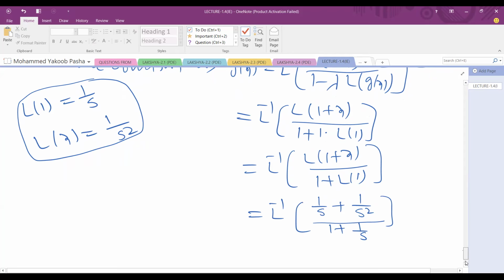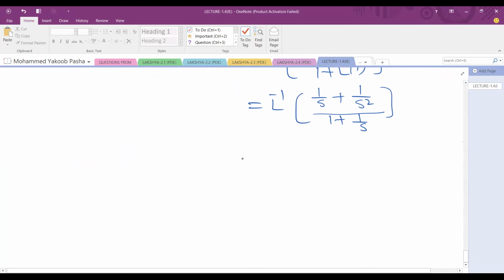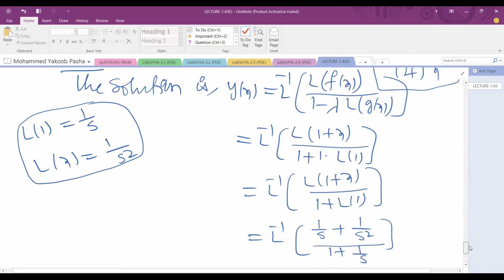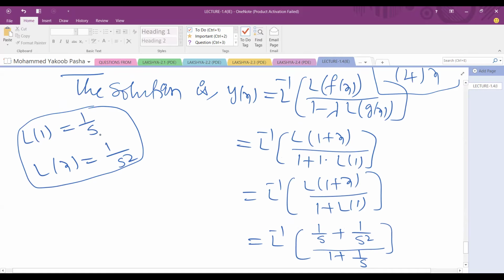Okay, so in the numerator the LCM is s square, so we get s plus 1 by s square. In the denominator the LCM is s plus 1 by s. The s plus 1 will be cancelled out. So L inverse of 1 by s. Already, the Laplacian of 1 is equal to 1 by s.